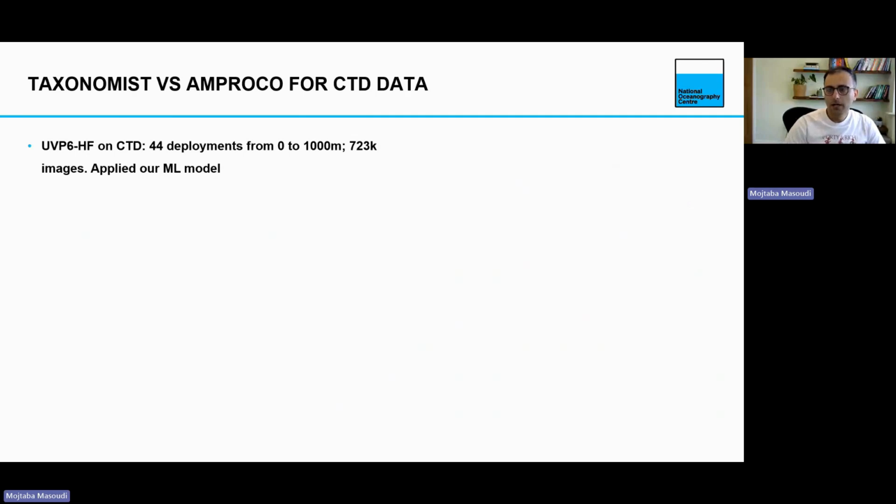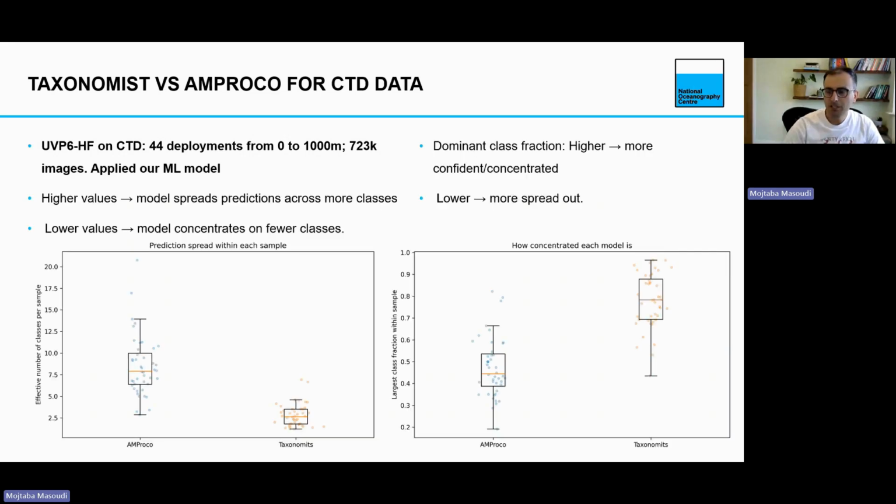So how is this model composition comparable with the taxonomists? We did investigations on the CTD data, because for the CTD data we do have taxonomist labels. From the 44 deployments from 0 to 1,000 meters, we analyzed how the machine learning is comparable with the taxonomist predictions.